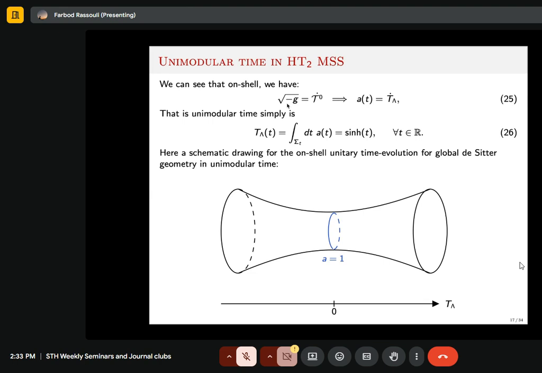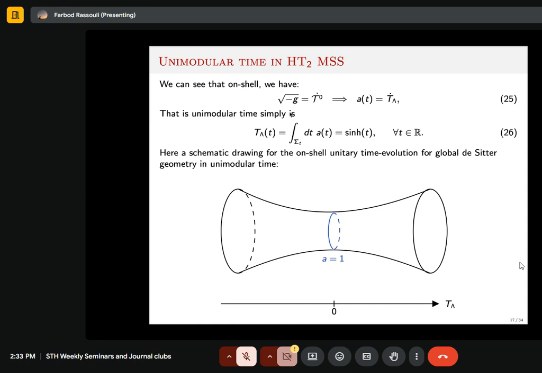My speculation is that it is about topology change. We didn't do topology change here, like Louko-Sorkin topology change or Fadeev-Ocker topology change. But I believe you can see T lambda as a Morse function, if you're familiar with Morse functions.